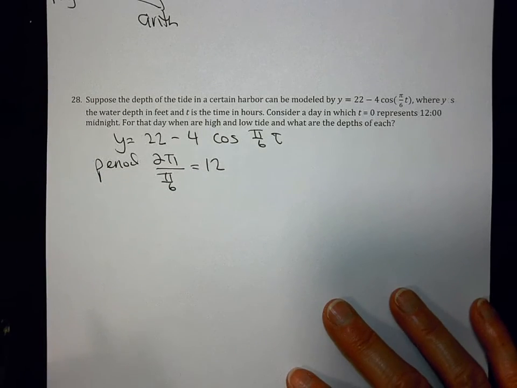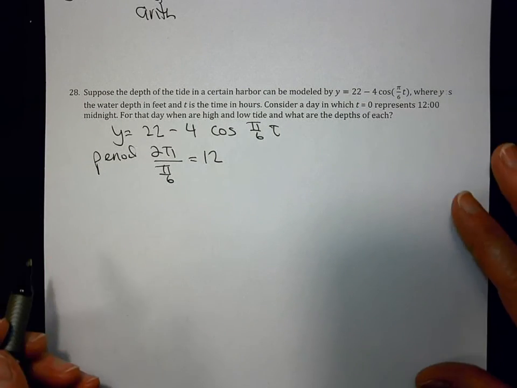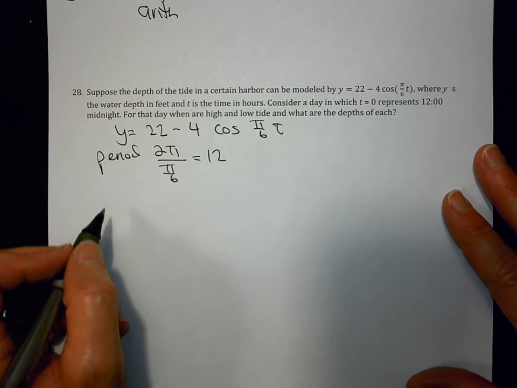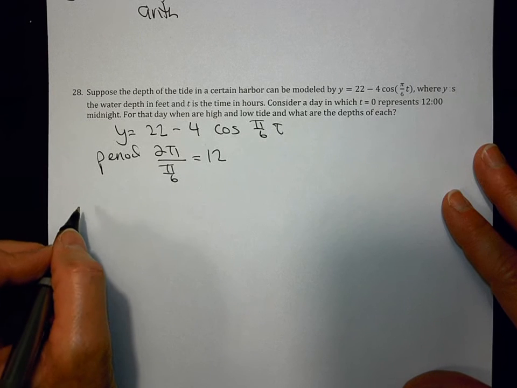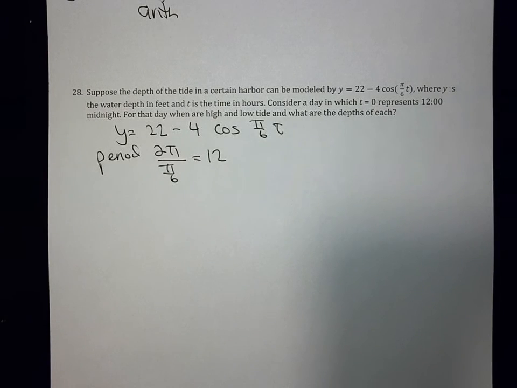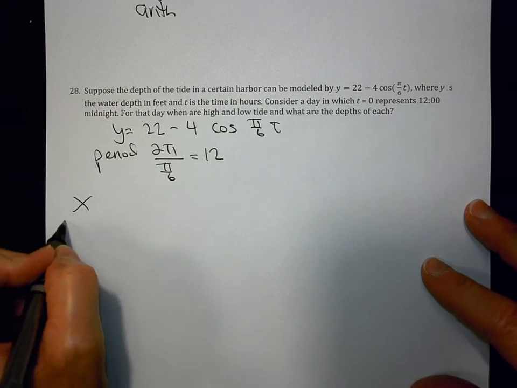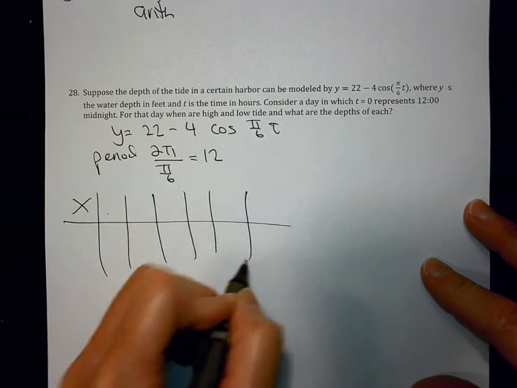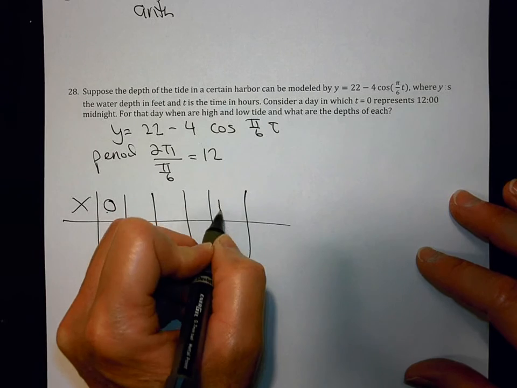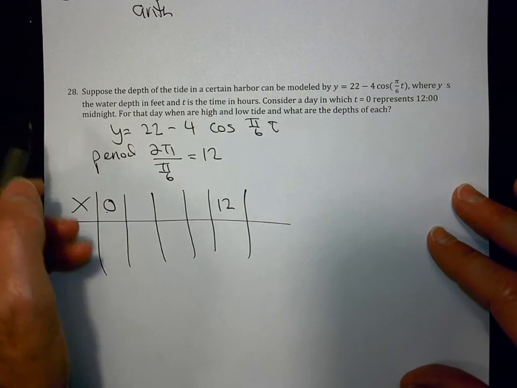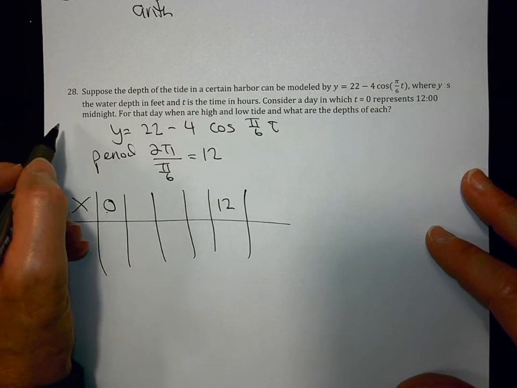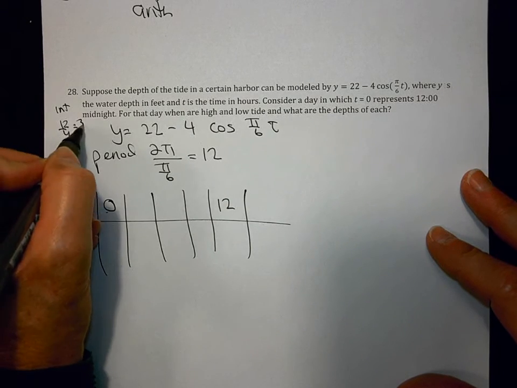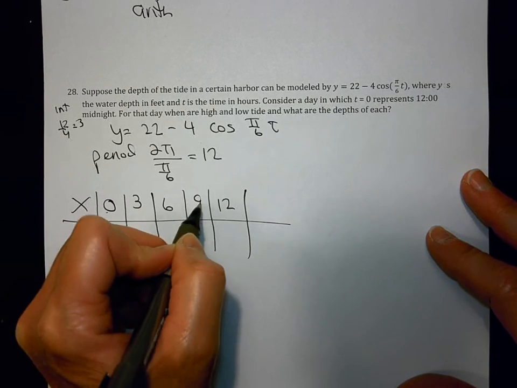Okay, so what that means is we do not have a phase shift. So if we make our chart, we're going from 0 to 12, and our interval is period over 4. So it's going to be 3 apiece, so 3, 6, 9, 12.